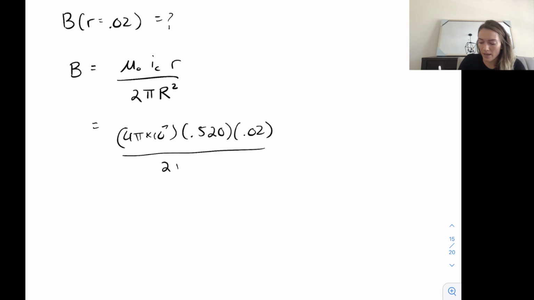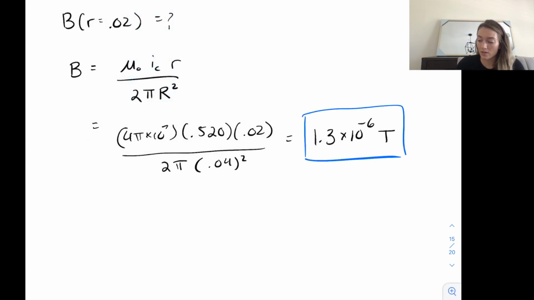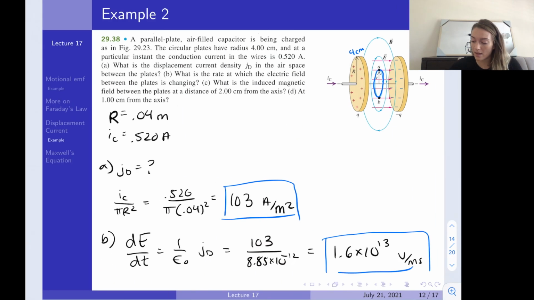Then we have 2 pi, and the full radius of our plates was 0.04 meters, squared. So this comes out to 1.3 times 10 to the negative 6 Tesla. So that is our magnetic field at a point 2 centimeters from this central axis.